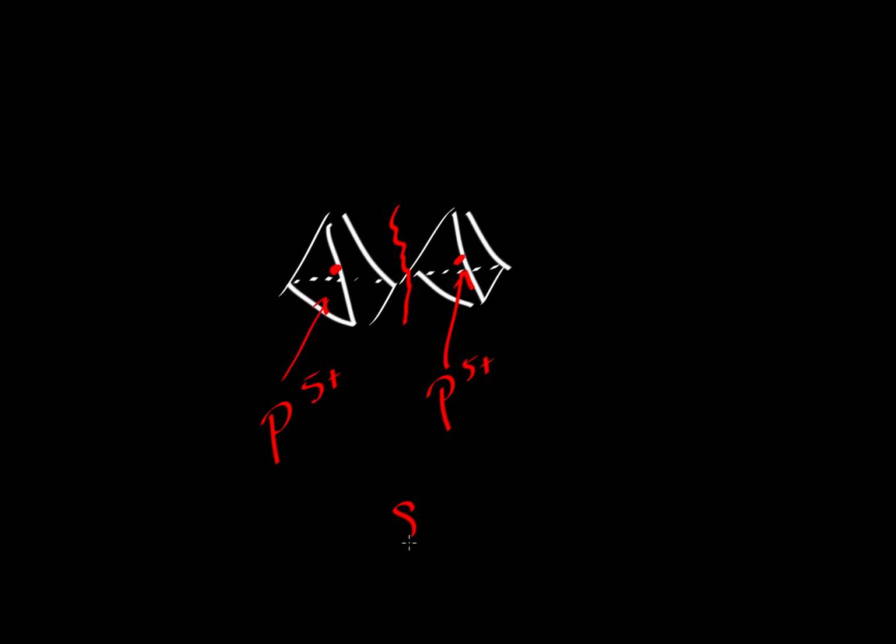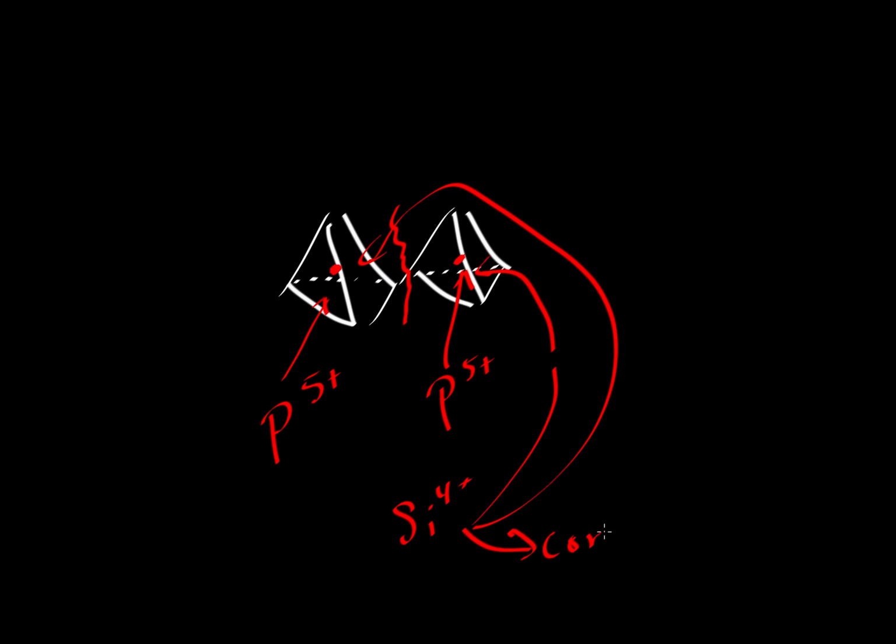With silicon, with only a 4+ charge, that could occupy both of those. With silica tetrahedra, it's a highly charged cation, so there's not much in the way of face sharing or edge sharing, but you can have corner sharing.